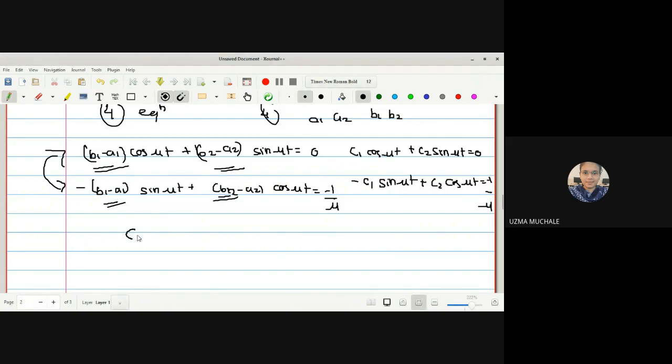Those who remember: C1 upon one determinant, C2 upon another one is equal to.